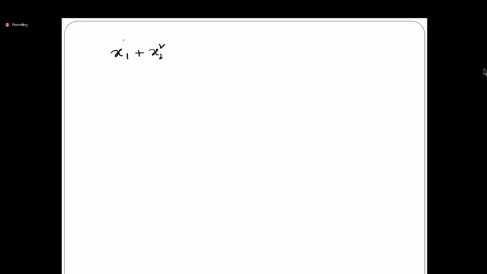Now if I change it to x1 square, is this a quadratic form? Yes, sir. Okay, now if I add x1 x2, is this a quadratic form? Because here again the power of x1 is 1, the power of x2 is 1, so ultimately the power of this term is also 2.